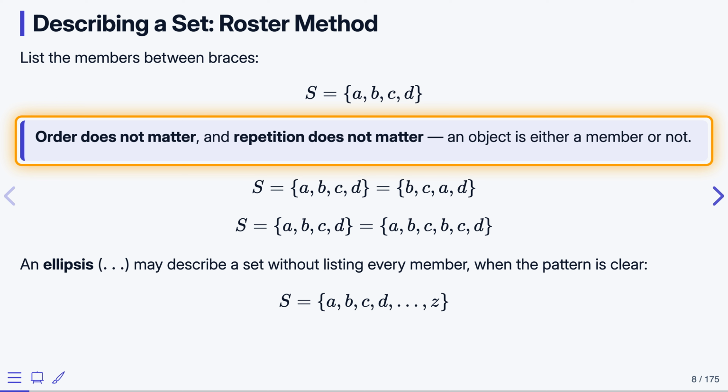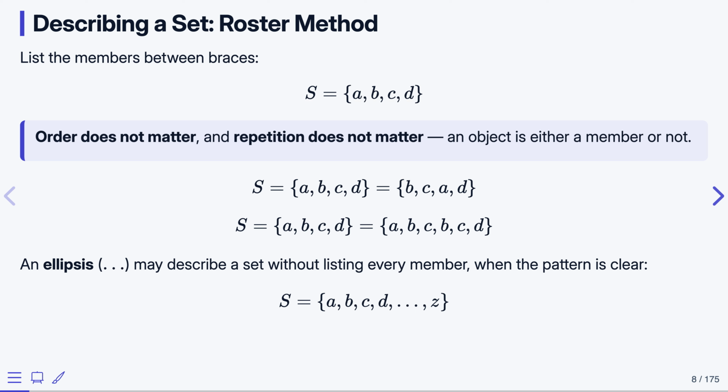There are 2 ways to describe a set. The first is the roster method. We simply list the members inside curly braces. For example, S equals the set with members b, c, and d. 2 facts follow from a set being unordered. First, order does not matter. So the set {b, c, d} is exactly the same set as {b, c, d} written in a different order.